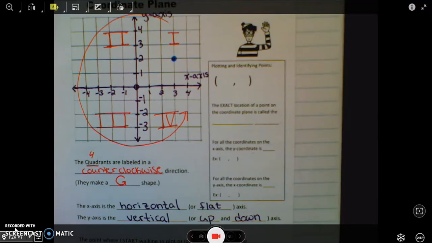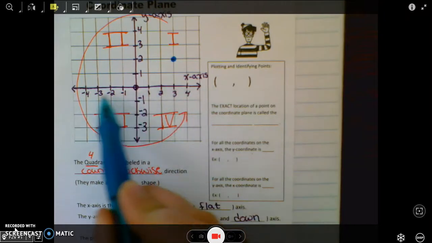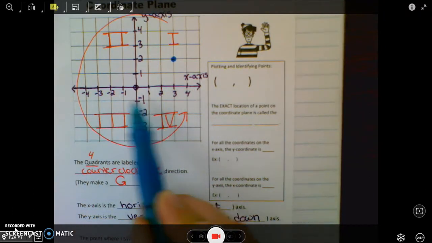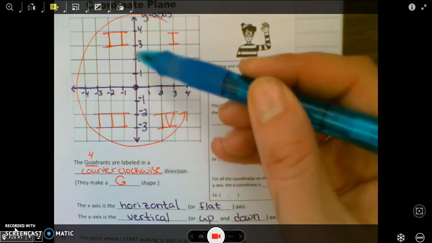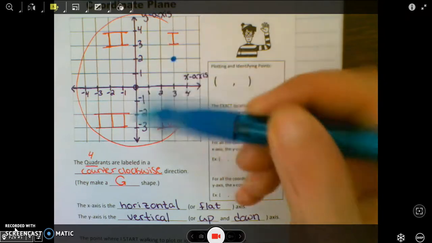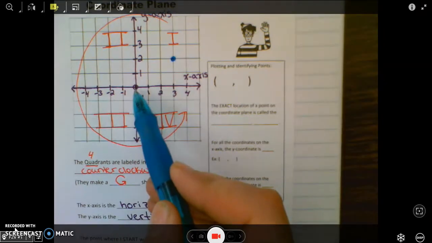Now, when we identify where a point is, or when it comes time to plotting a point, we look at where along my x-axis, or my horizontal number line, that point falls, and where it falls along my vertical number line, my y-axis. So you are always going to start at the middle point.